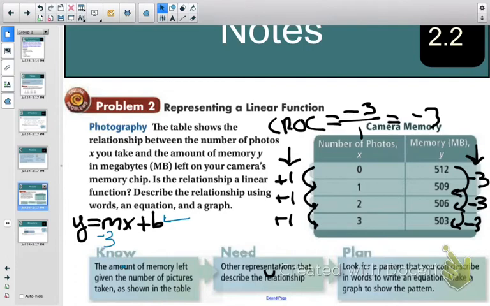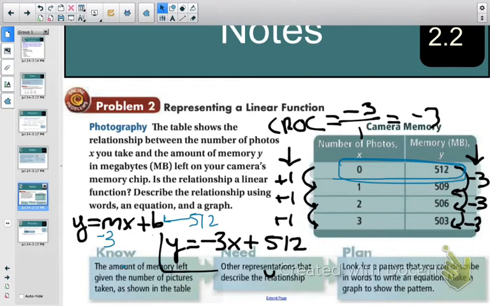It's where you're starting, your initial point. So if you take 0 photos, how much memory is in your camera? That's this top part here, so that's 512. So your equation should be y equals negative 3x plus 512.